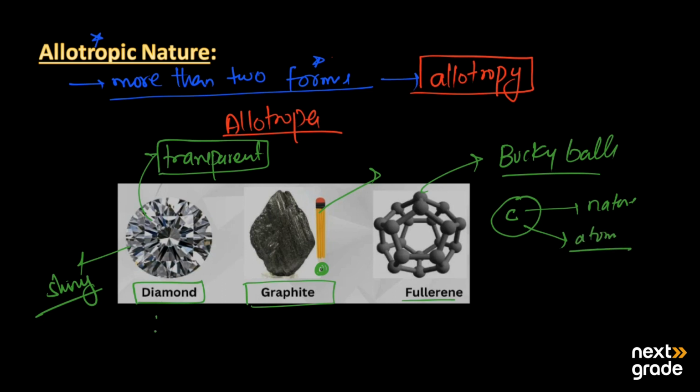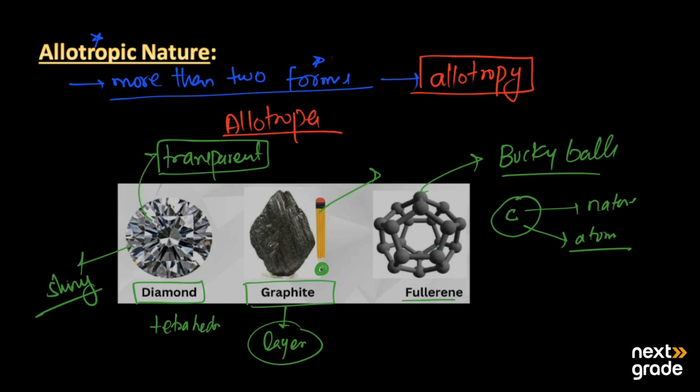Diamond has a tetrahedral structure, and it is used as a main source of ornaments. Graphite is used in the lead pencil. In it, the carbon atoms are present in the form of hexagonal layers.